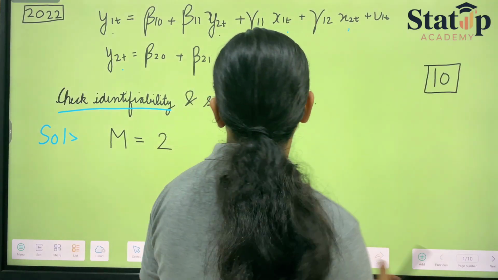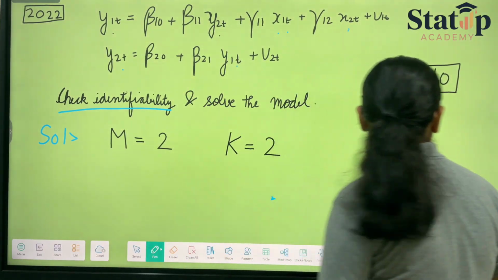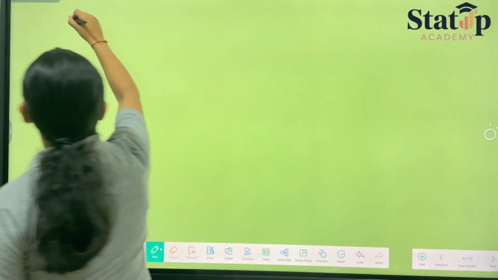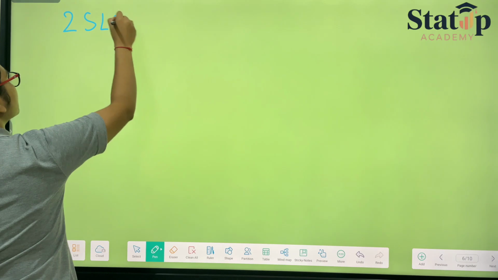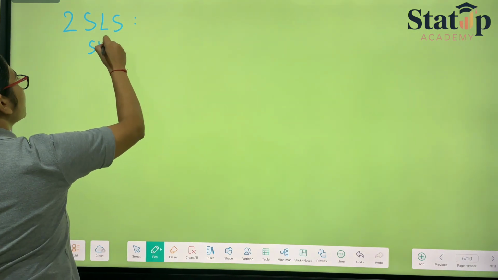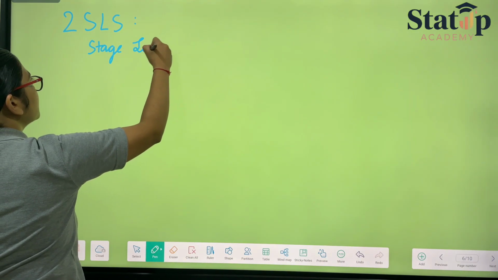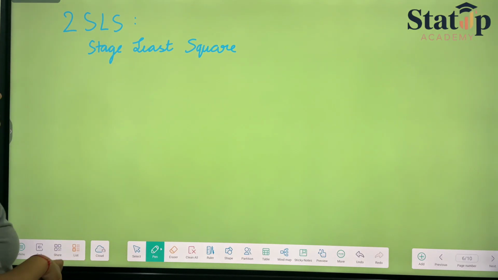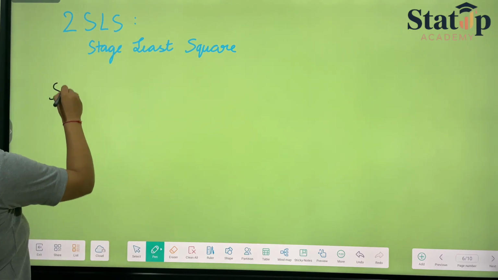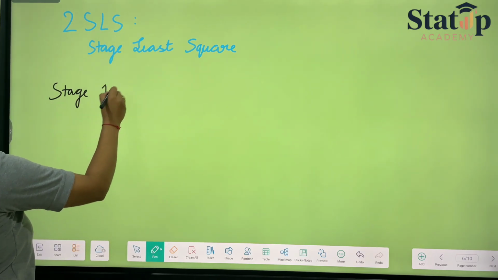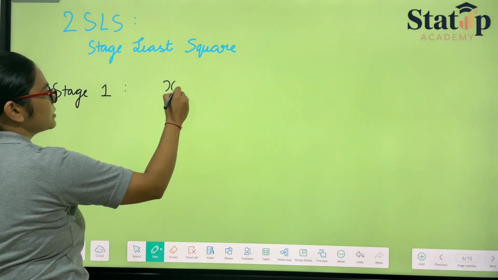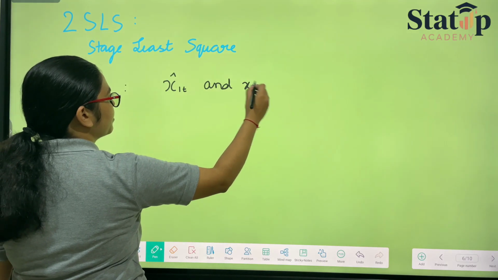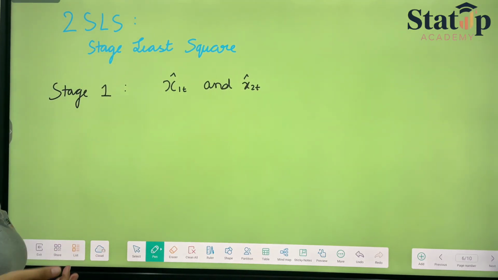Giving you an overview: in the two-stage least squares method, 2SLS, in stage 1 we will find x1t cap and x2t cap, that is, we estimate the values of x1t and x2t.